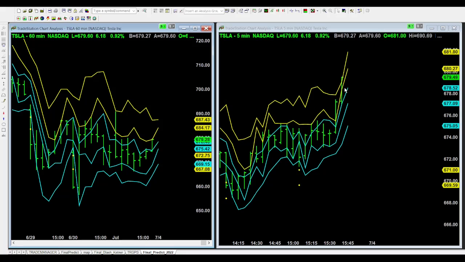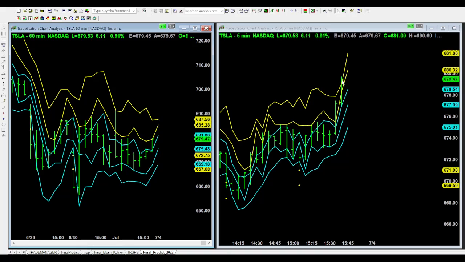So you see right now it's still increasing a little bit more. It doesn't want to decrease, because right now the trend lines for the next 5 minutes still have a very strong increasing trend. It's moving up. All 5 lines are almost straight, almost parallel, in an increasing trend.